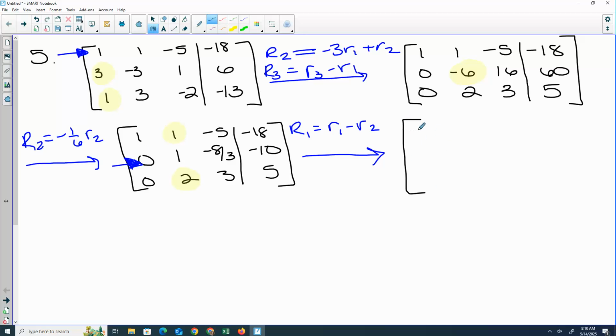So 1 minus 0 is 1. 1 minus 1 is 0. -5 minus -8/3, so -5 plus 8/3. -18 minus -10, so -18 plus 10. Didn't change row 2.